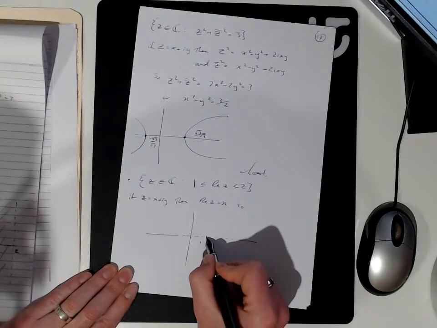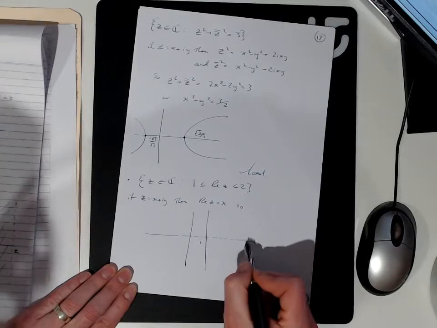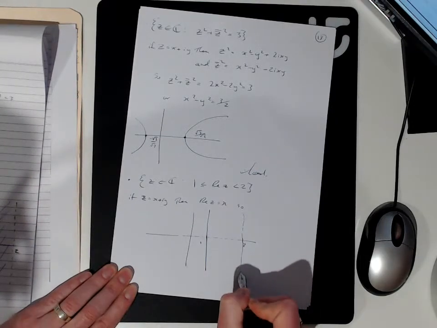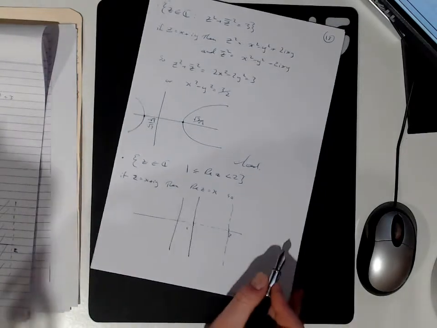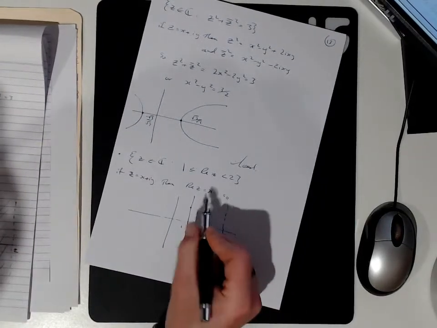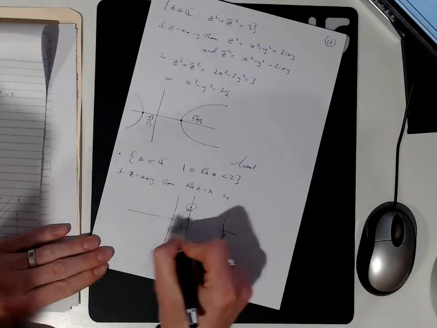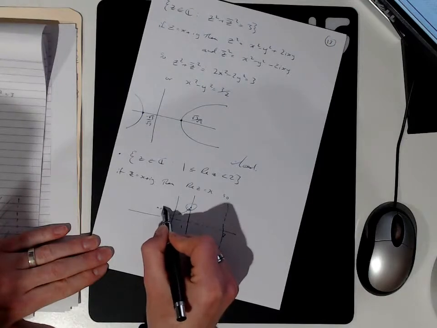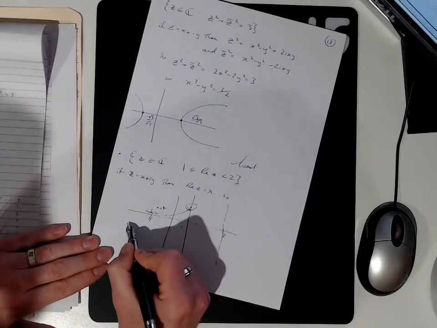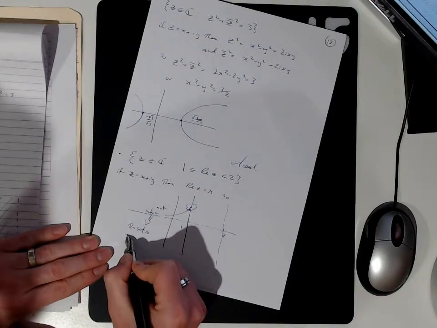There's 1, and 1's included this time because it's less than or equal to, and there's 2. Now consider this set. If I take a point on here and I take its neighborhood, it will always intersect a point outside, so this is not interior. And that of course implies that the set is not open.